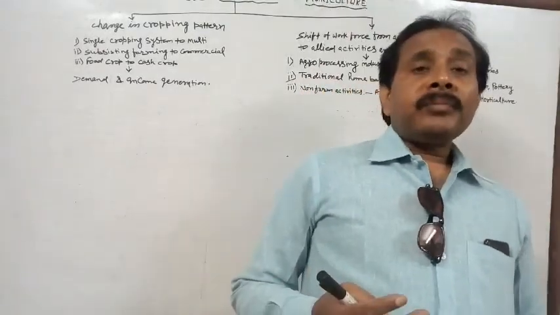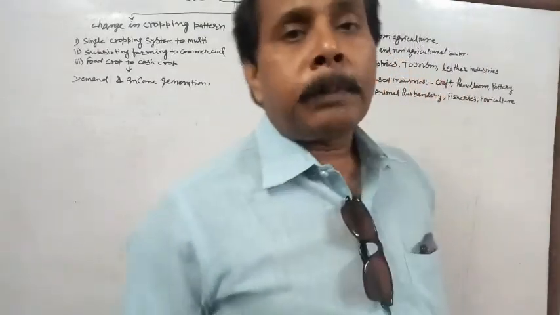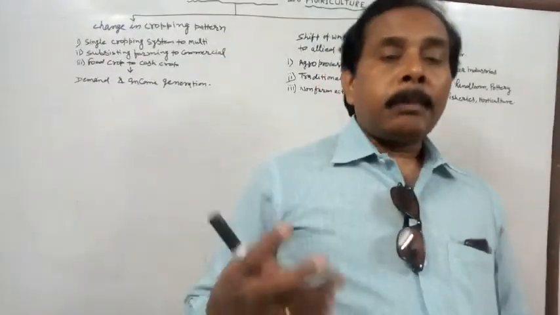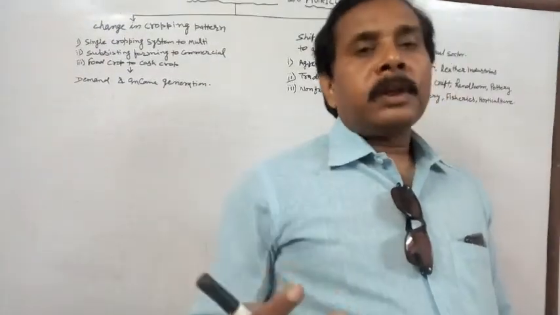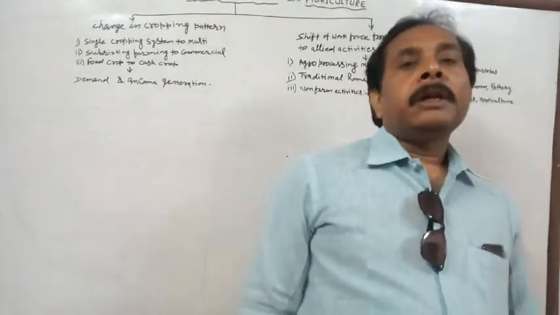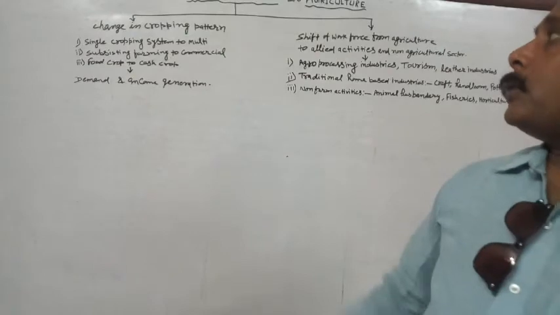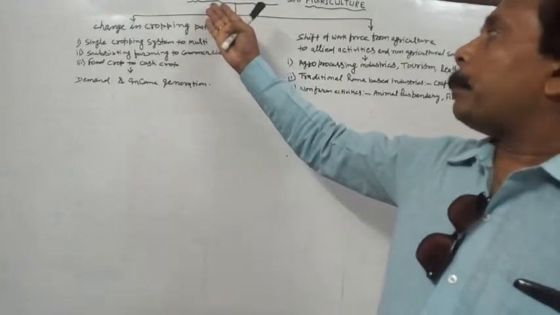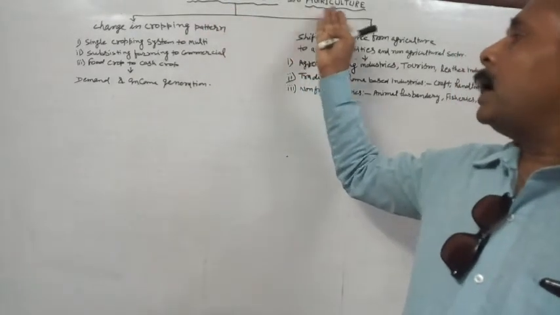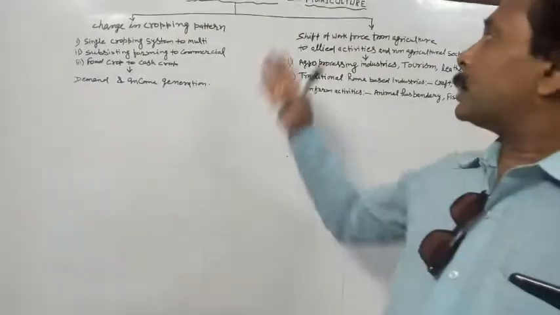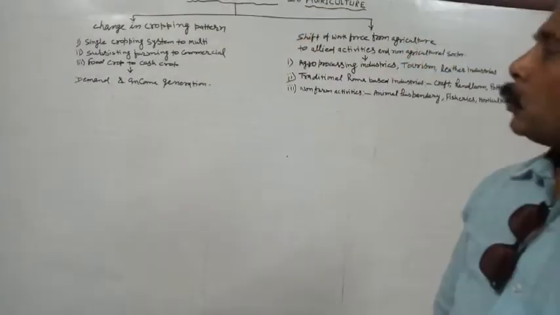So a new system has been developed, or some economists have given the suggestion that agriculture should be diversified, and that's why the topic here is diversification in agriculture. Diversification has been divided into two parts.